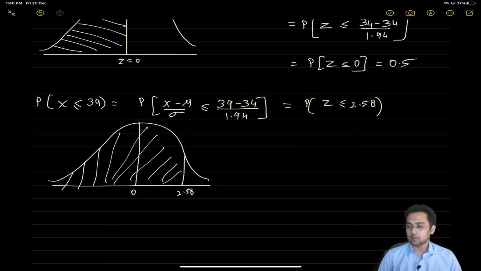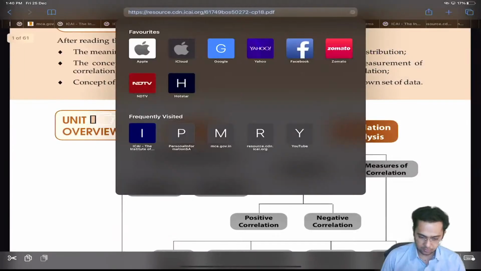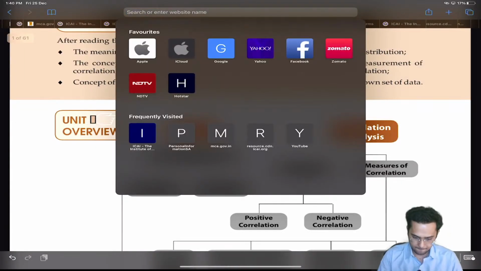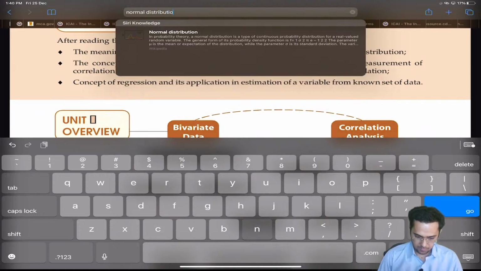For that we'll have to look at a normal distribution table, which will give me the probability value for this 2.58. Let me just look up a normal distribution table.